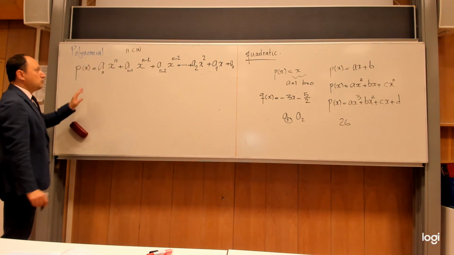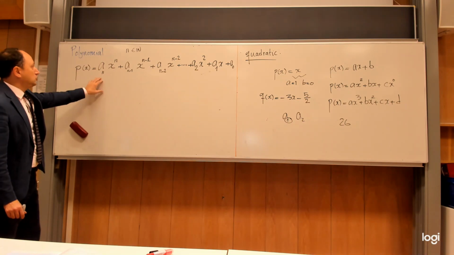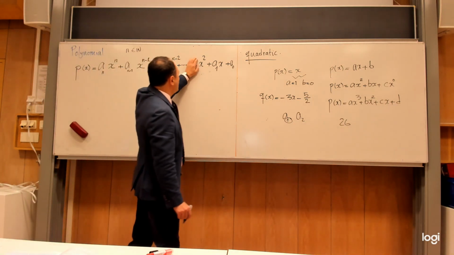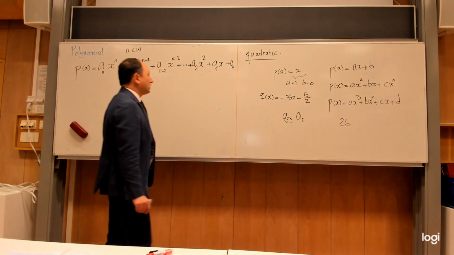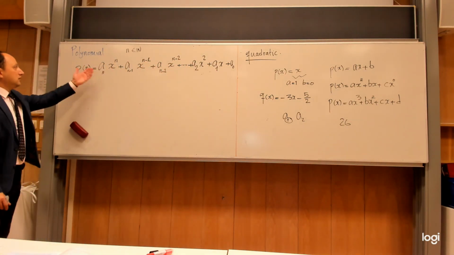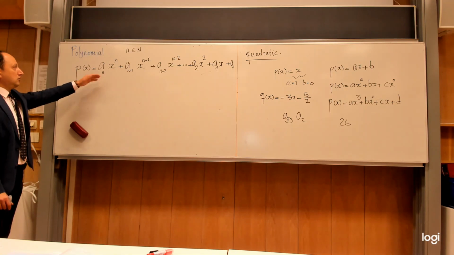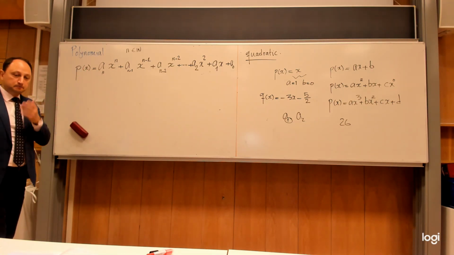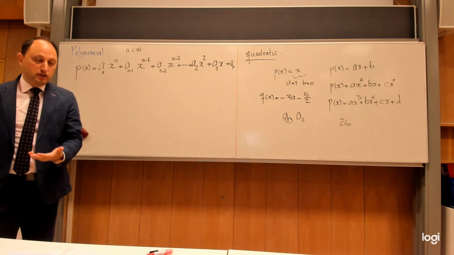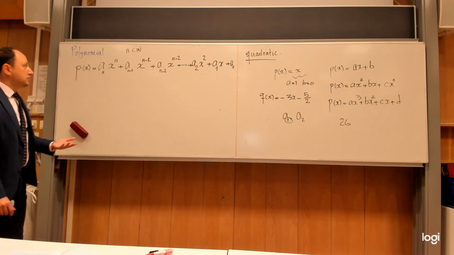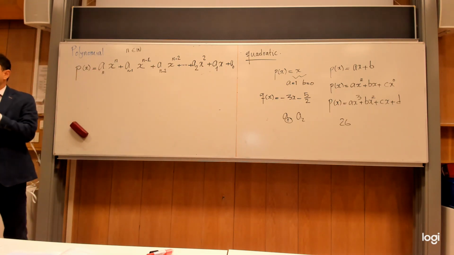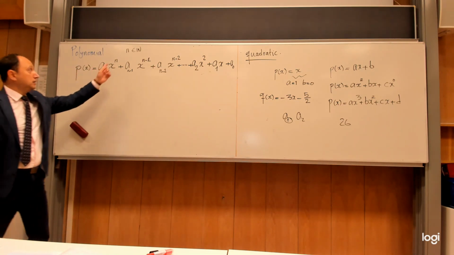If I ask you what are the coefficients here, you would say this number, up to this one, are coefficients. Where are they coming from? Generically, they are coming from the set of real numbers, any number that you like. In Math 4 we will study complex numbers, so the coefficients might extend to complex numbers, but not the exponents.